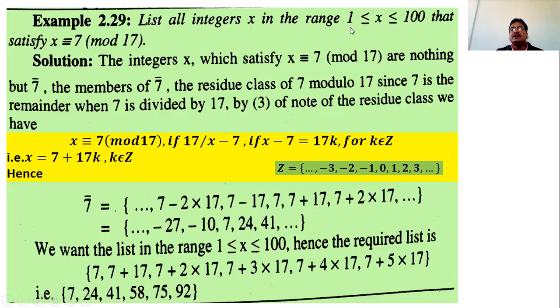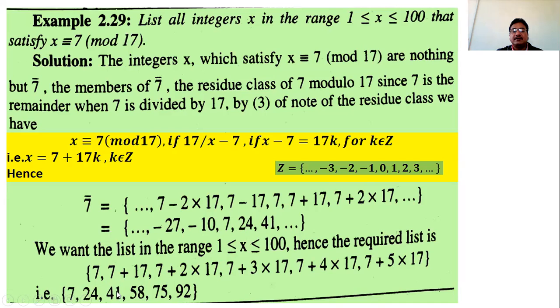Now we have to find the values in the range 1 to 100, so list all the elements of 7 bar that lie between 1 and 100. Minus 27 and −10 are not in the range 1 to 100. 7 is in the range. Then 24, that is 7 + 17, and 7 + 2 × 17, that is 41.